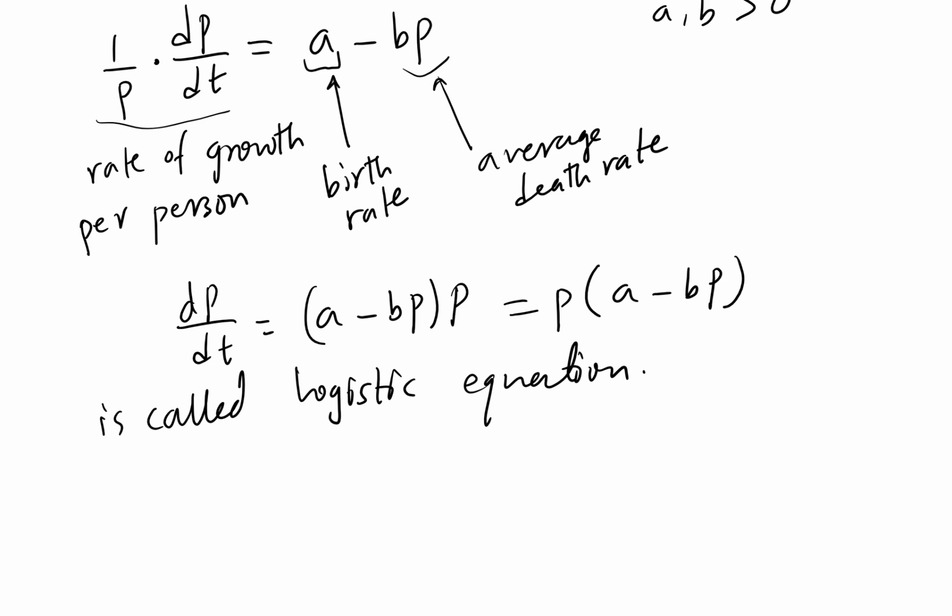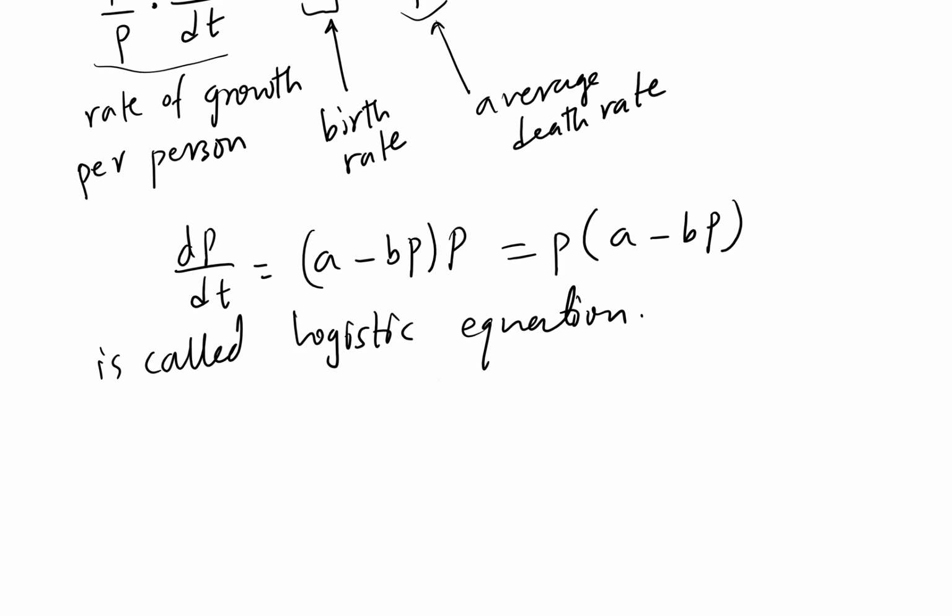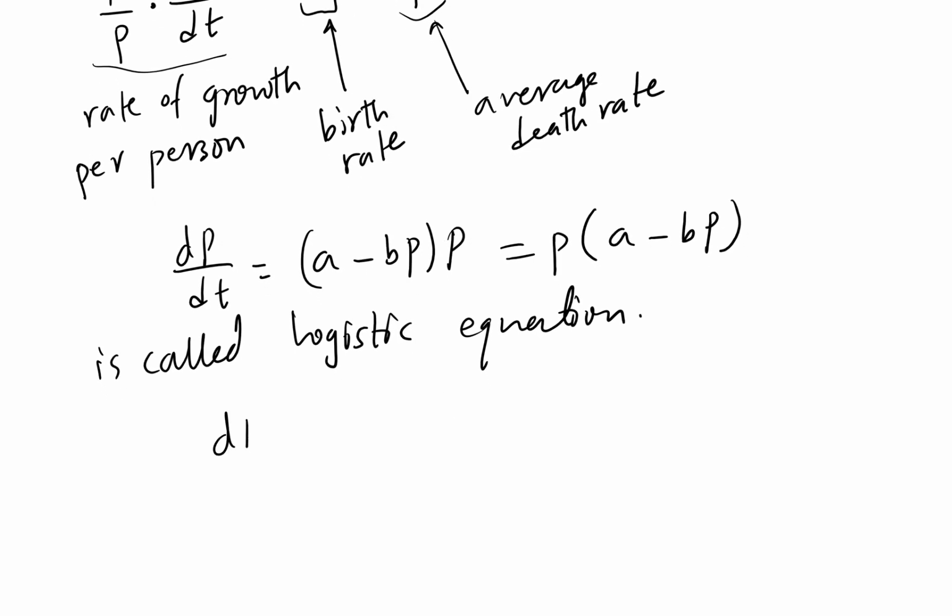The question is, how do we solve such a differential equation? Who's going to help us see how we start solving dP/dt equals P times a minus bP? What do we use? Integral?